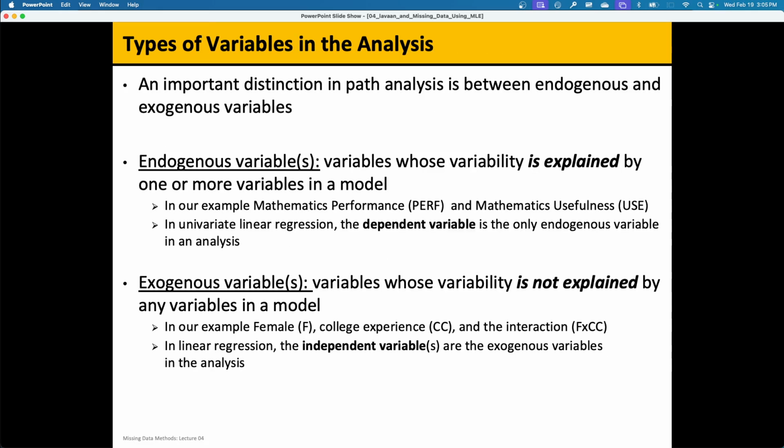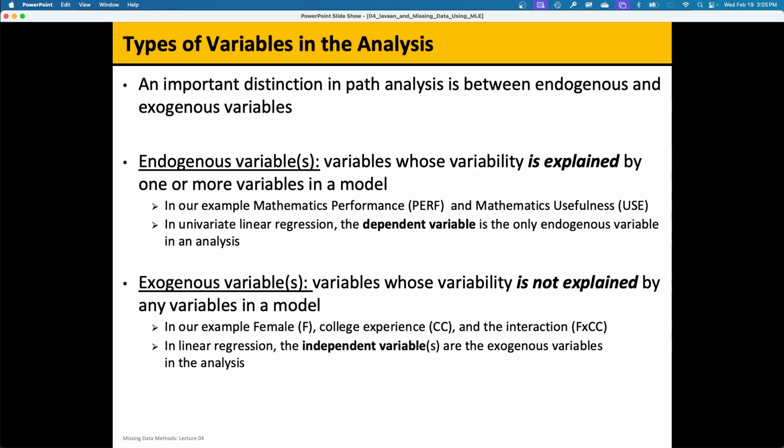All right. So in path analysis, we make some distinctions. And you'll see this in lavaan software, and I want to talk about it now. The difference between endogenous and exogenous variables, right? Why that matters is in part what assumptions you're making about the variables, and that does tie to missing data.